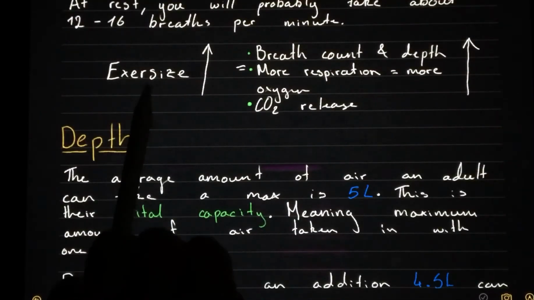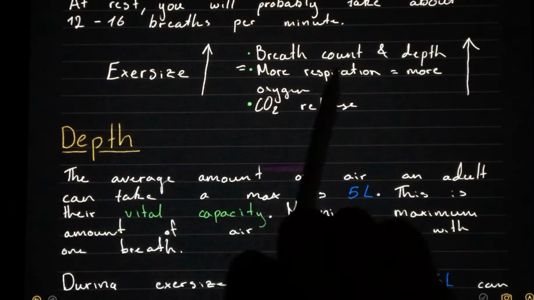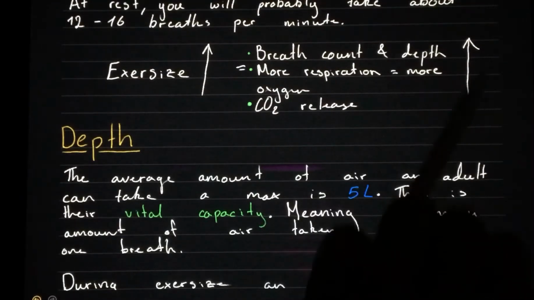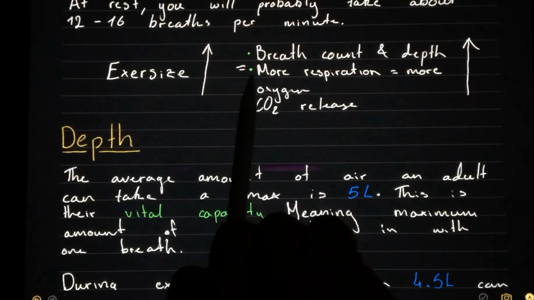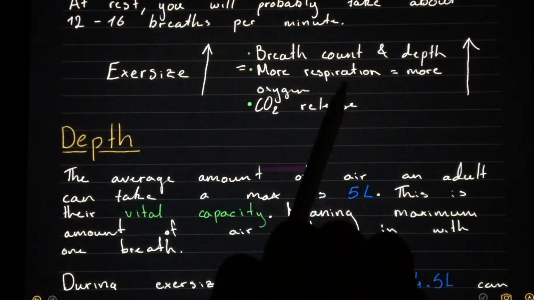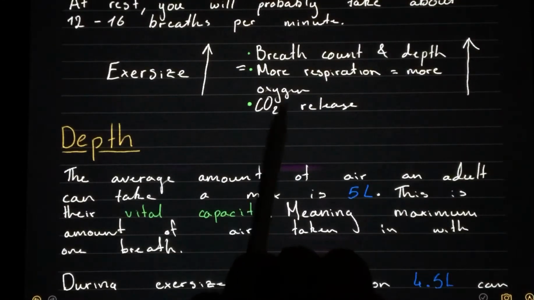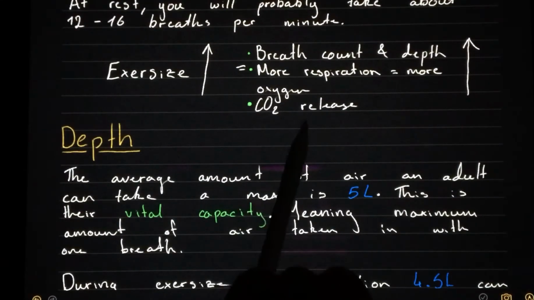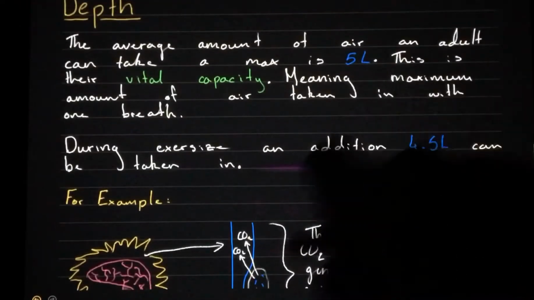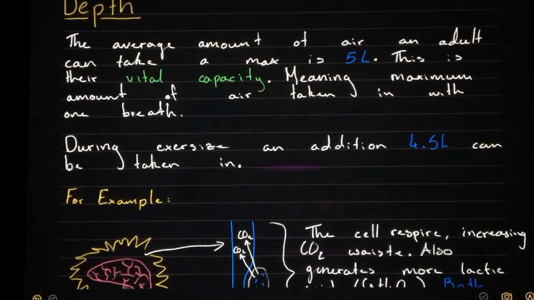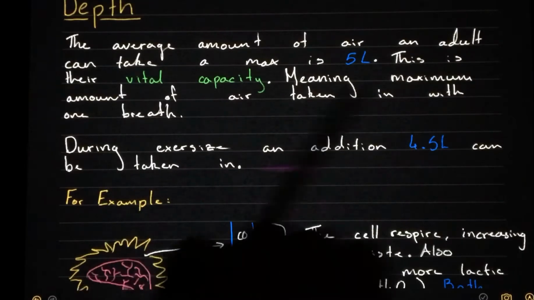Now, something a little bit straightforward. When you increase your exercise, your breath count and depth also increase. You conduct more respiration, which means you need more oxygen and more carbon dioxide is released. Now, depth. The only real thing that you need to know from here is the term vital capacity.